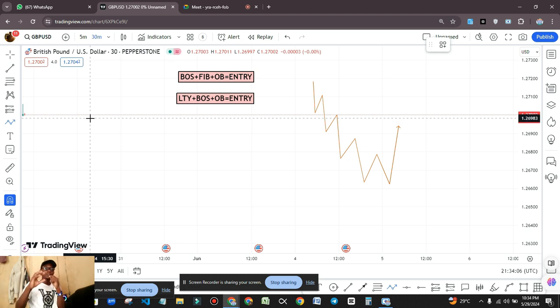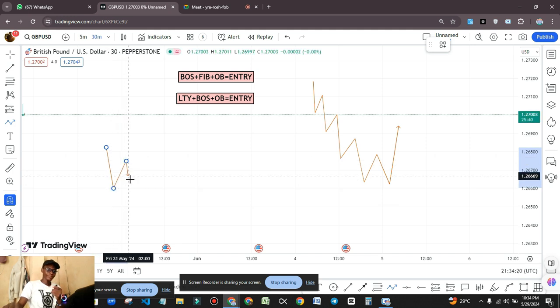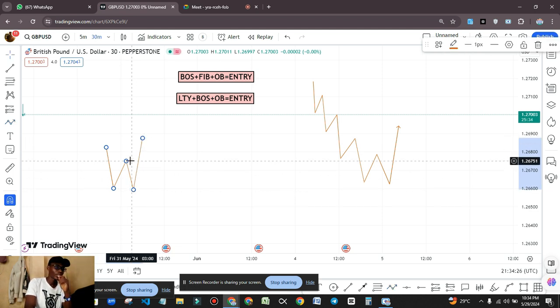An order block is the last bullish or bearish candle before any breakout, like a break of structure. So for example, if there's a high here and something like this, this is the high. If this market breaks this high, before it breaks this high, the market has formed an order block before breaking this high.